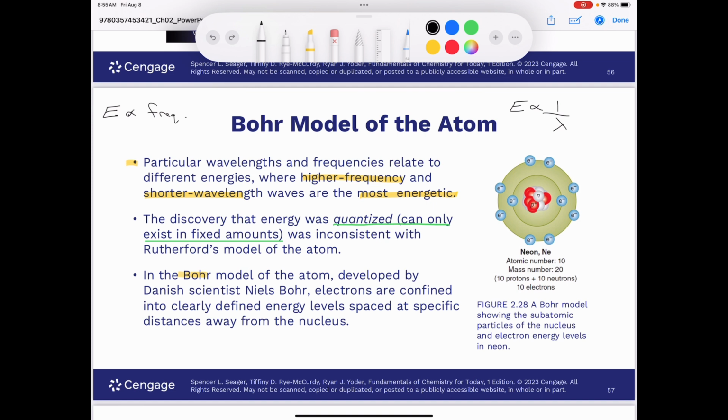Now, of course, we've moved on from this. We've moved past the Bohr model, but this is an important stepping stone, understanding that electrons can only exist in specific distances from the nucleus. They can't just be anywhere. They have to be at specific energy levels, and that's what quantized means.